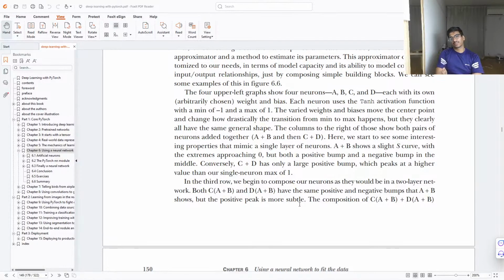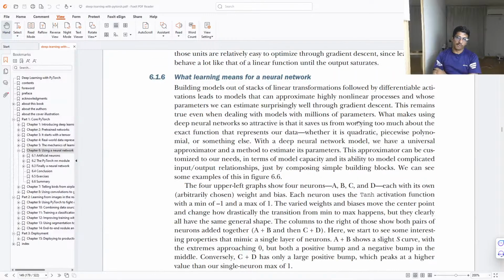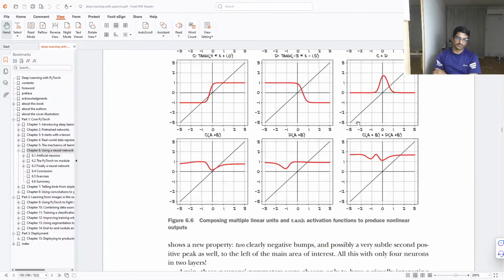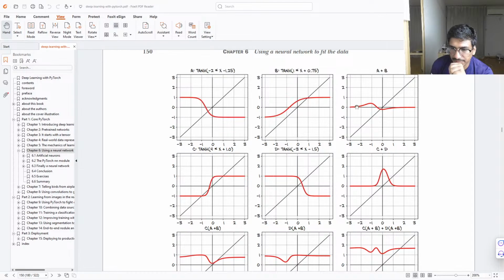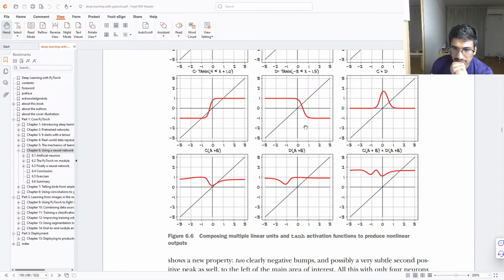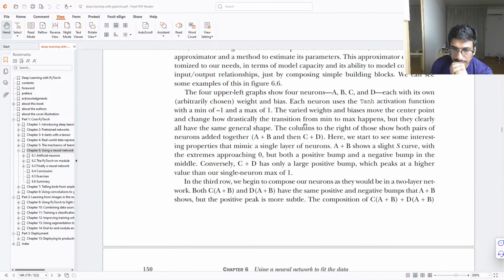The upper four left graphs show our neurons A, B, C, D, each with its own arbitrarily chosen weight and bias.